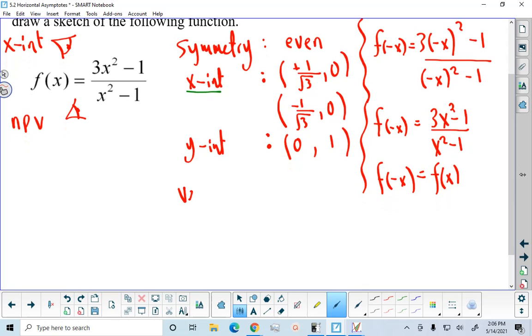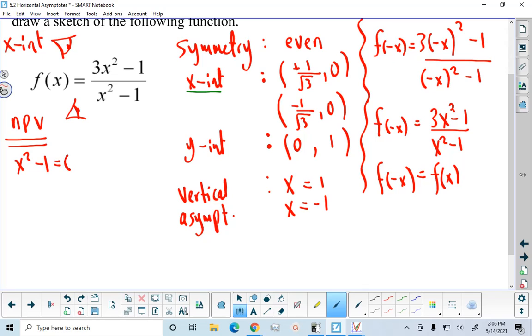We will have vertical asymptotes at x equals 1 and x equals negative 1. Because remember, the non-permissible values are found by taking the denominator and solving that equation. I don't care how you solve that. You can factor x squared minus 1 into x plus 1, x minus 1.